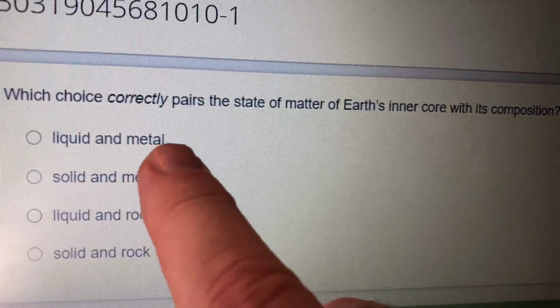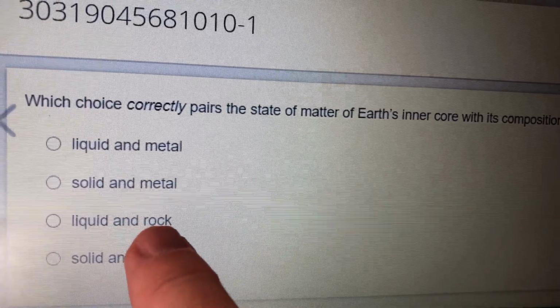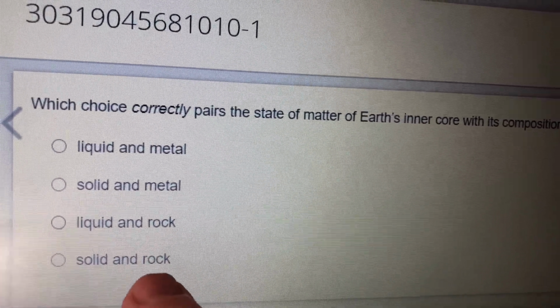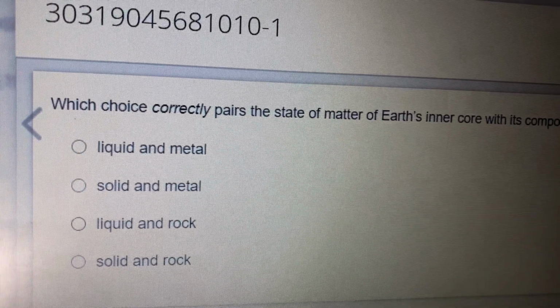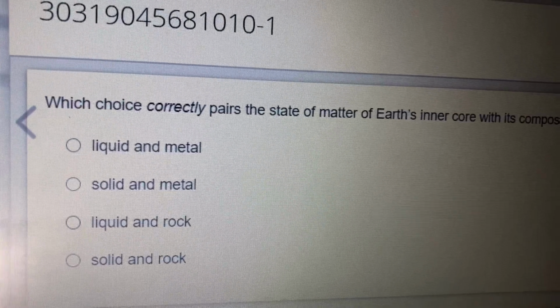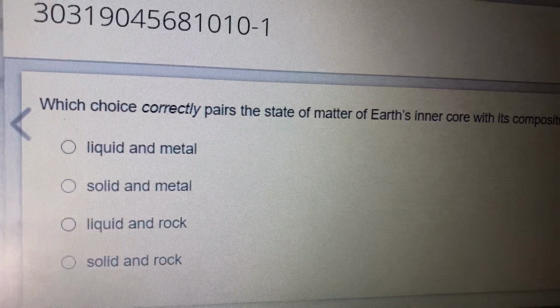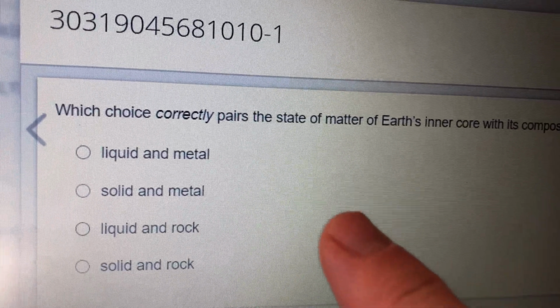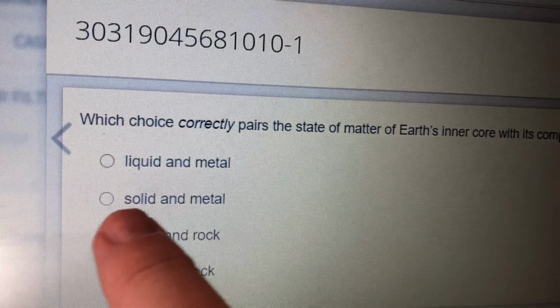So liquid and metal, solid and metal, liquid and rock, solid and rock. So which one goes with inner core? Think about it. The inner core is solid and it is metal. That is the right answer.